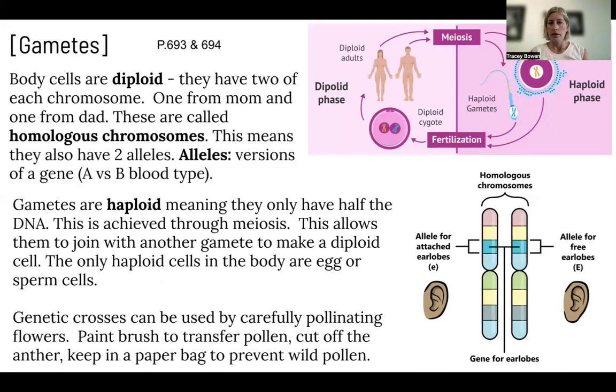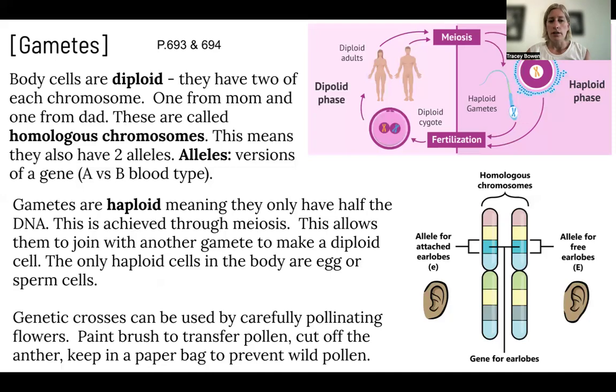Skin cells are diploid, brain cells are diploid, but haploid cells need to be haploid because they're joining together. So they need to have half the DNA so they can join together to have full DNA. Otherwise, you'd have full DNA joining with full DNA, and then you'd have 2 times the DNA. And then you'd have 2 times the DNA and 2 times the DNA going to 4 times the DNA. And so your nucleus would get very rapidly too crowded.